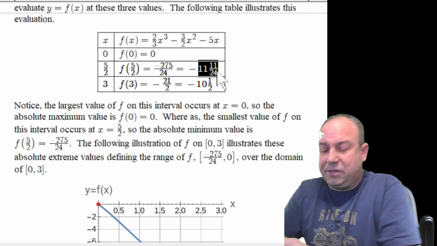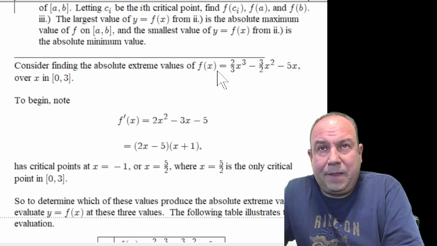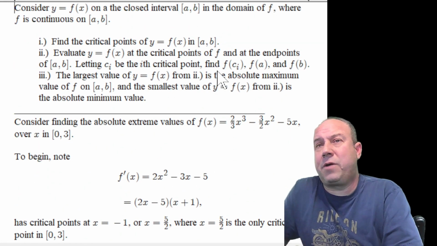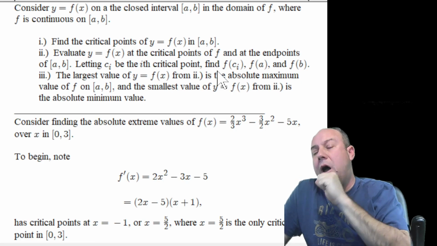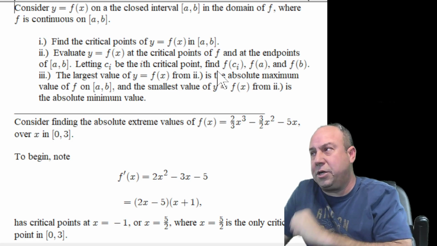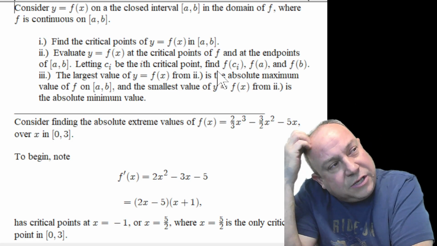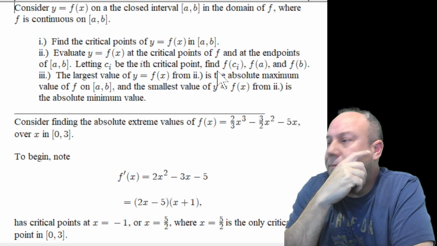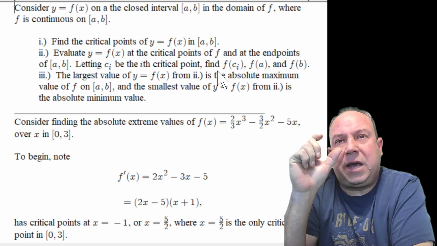This is absolute extreme values, folks. On an open interval, you're going to have to analyze the range. And all absolute extreme values do describe is the range of our function. It's either the range over the entire domain, or it's a range over a portion of the domain.